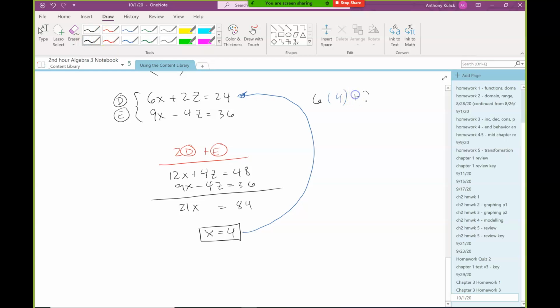But if I can avoid a little bit of stuff, let's avoid a little bit of stuff, right? So I plug 4 in for x, and I get 24 plus 2z is equal to 24. Subtract the 24s from both sides, and then divide by 2, and that gives me that z is equal to 0.